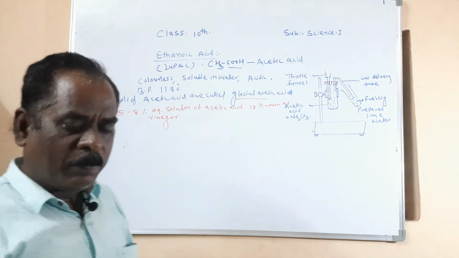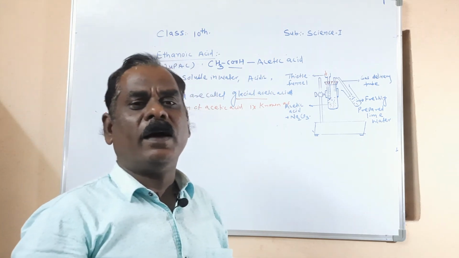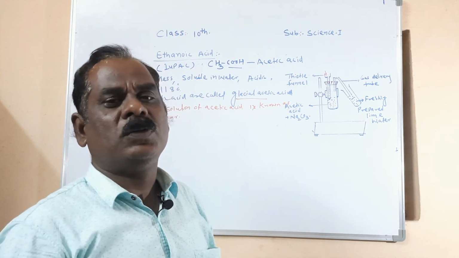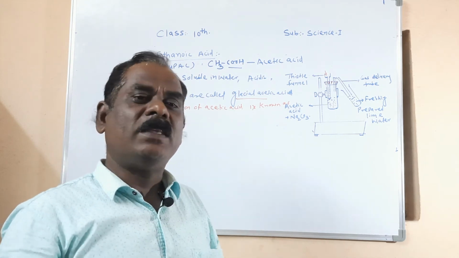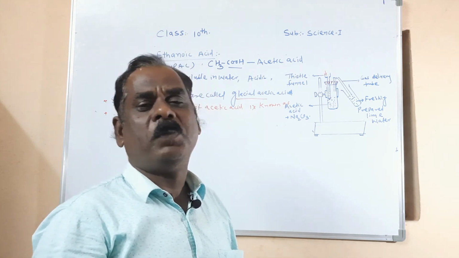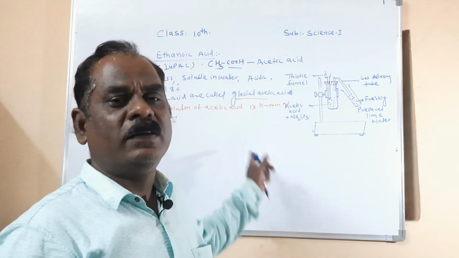A question may be asked for 1 mark: define vinegar. An aqueous solution of 5 to 8% acetic acid is called vinegar, and vinegar is used as a preservative in jelly, jam, pickles, etc.